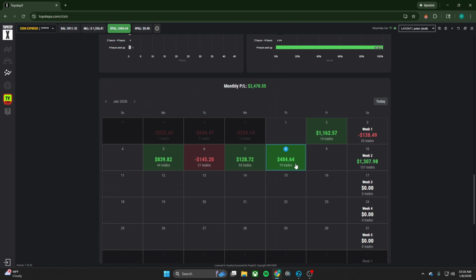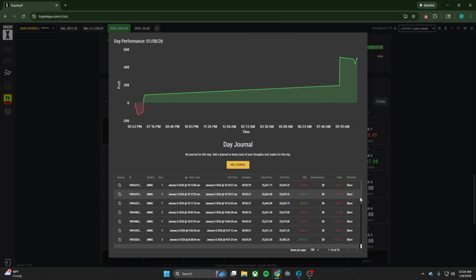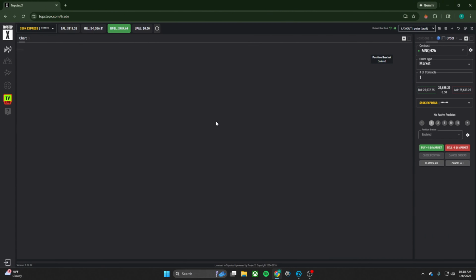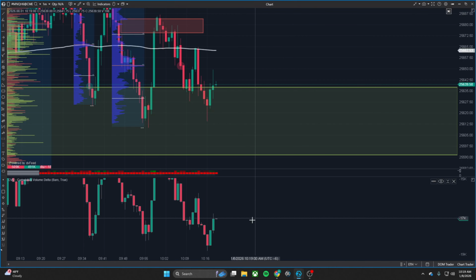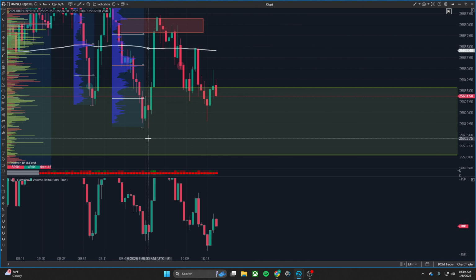Fine by me. I don't know why I went break even. I probably could have just kept stops here, but I want to be quick to put my risk to 0. I don't like the CVD divergence either. Not a big fan.